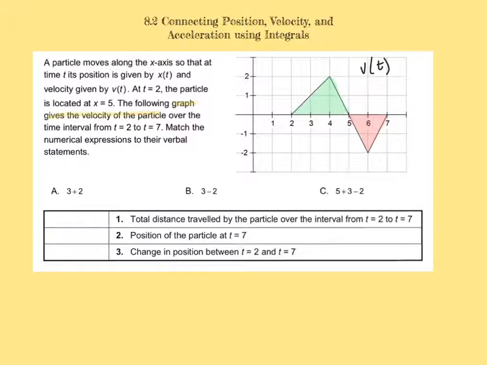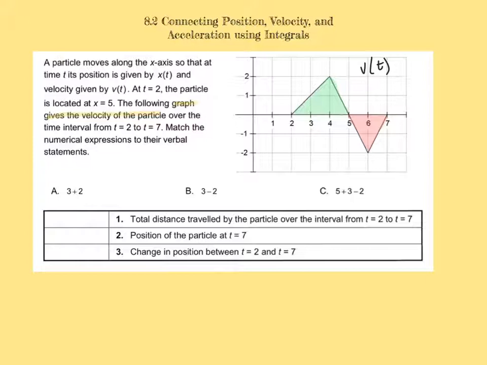Okay, so we need to figure out what all this means. Where are we getting these numbers from? Because we want to do some matching. This 5 is given to us by the initial position, basically. Since we're starting at time equals 2, that's our initial position, at 5. And then these other numbers are coming from the area.